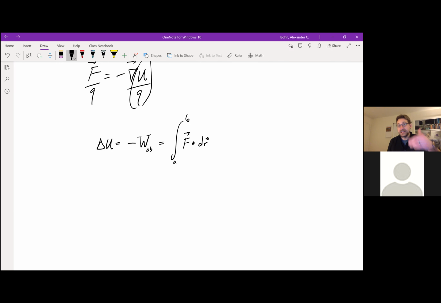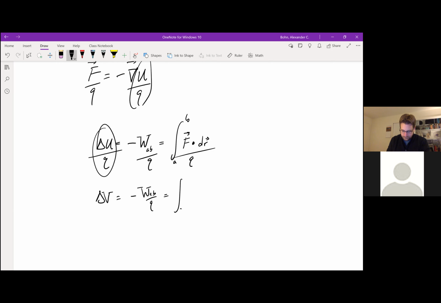And the work done by the force, by definition, is the path integral of that conservative force along some displacement from A to B. Divide the whole thing by Q. Force per charge, that's electric field.